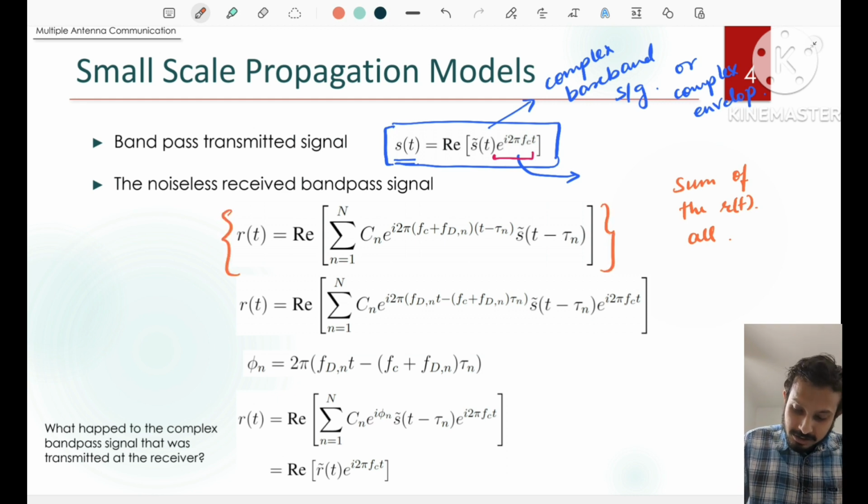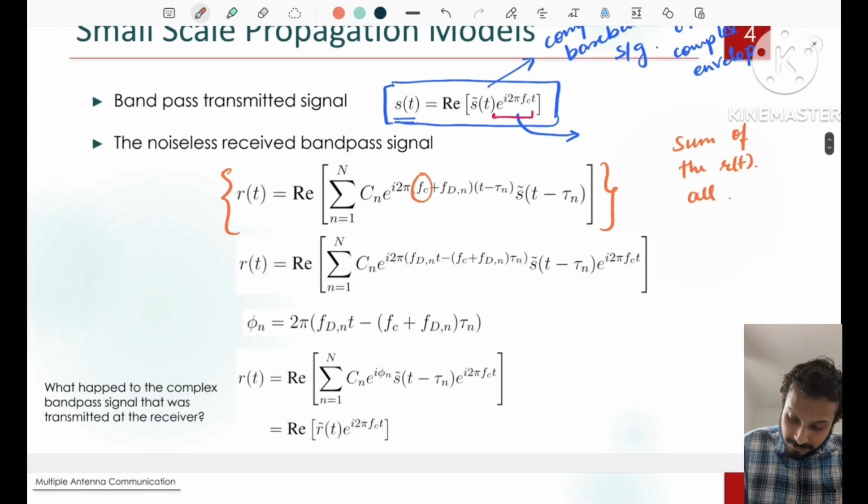Now in a communication system, we usually study the system independent of the carrier frequency. So here we will separate out this carrier term, e raised to power j 2 pi fct. And then what we are left with is this expression.